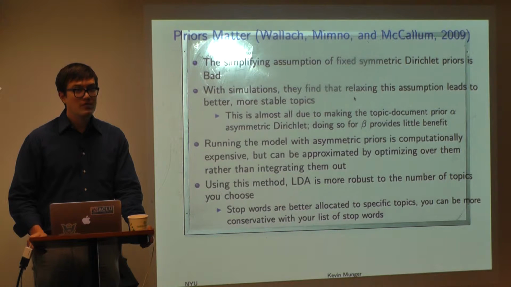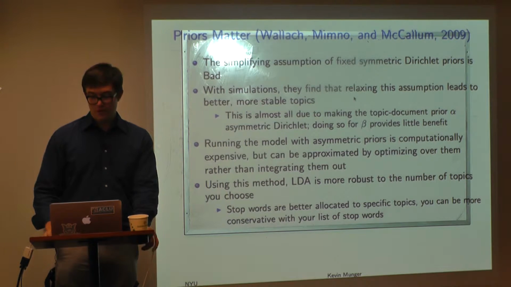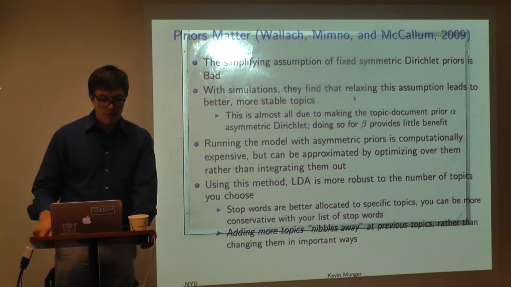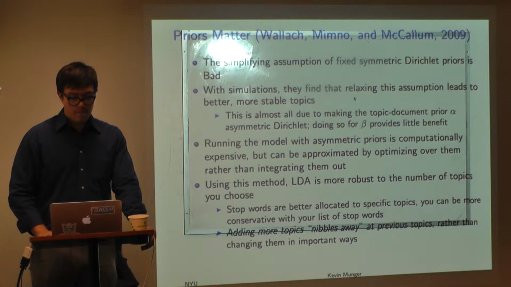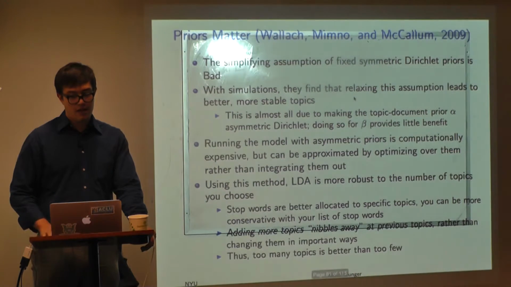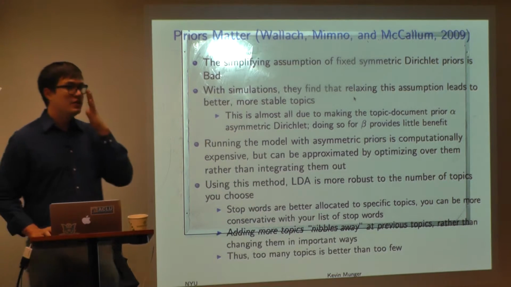So stop words can be interesting in certain contexts, and you don't want to throw them out with the bathwater at the beginning. And if you do optimize here, the addition of more topics does not have the same destabilizing effect on the existing topics as it does if you don't optimize. So especially in this context, more topics is better than too few.